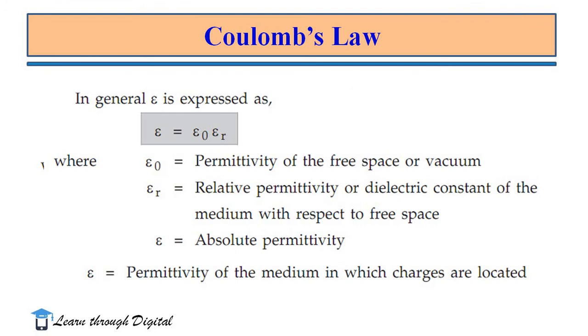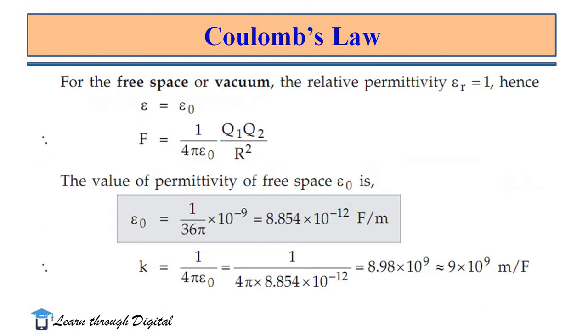In general, epsilon is expressed as epsilon is equal to epsilon naught epsilon r, where epsilon naught is the permittivity of free space or vacuum. Epsilon r is the relative permittivity or dielectric constant of the medium with respect to free space, where epsilon is the absolute permittivity. Epsilon is the permittivity of the medium in which charges are located.